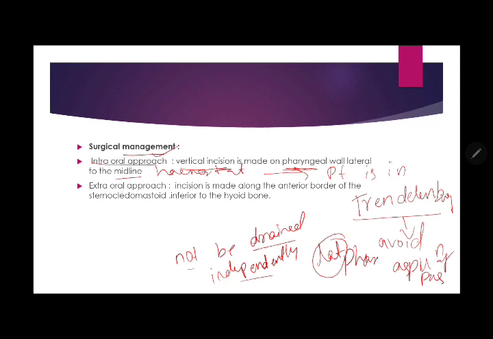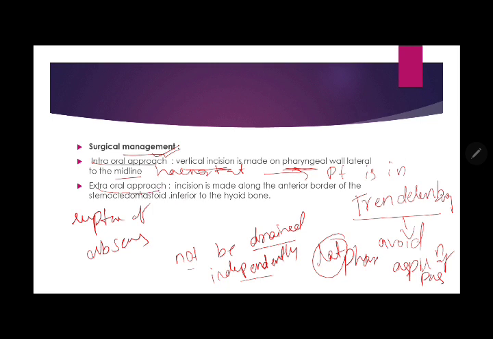So in conditions where independent drainage is necessary, the intraoral approach is done. In case of concern about rupture of the abscess, an extraoral approach is used for the drainage.